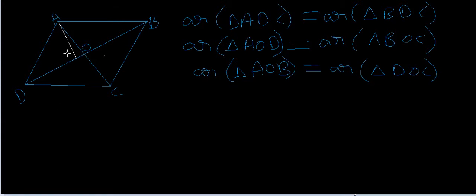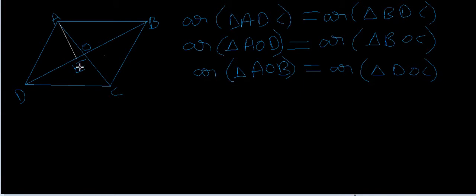Now by that height I mean that this point, if I name this point E, AE is perpendicular to DB. That means AE is the height of the triangle ADB. Similarly, AE will also be the height of the triangle ADO and also of the triangle AOB. That means triangle ADO and triangle AOB have the same height, AE.